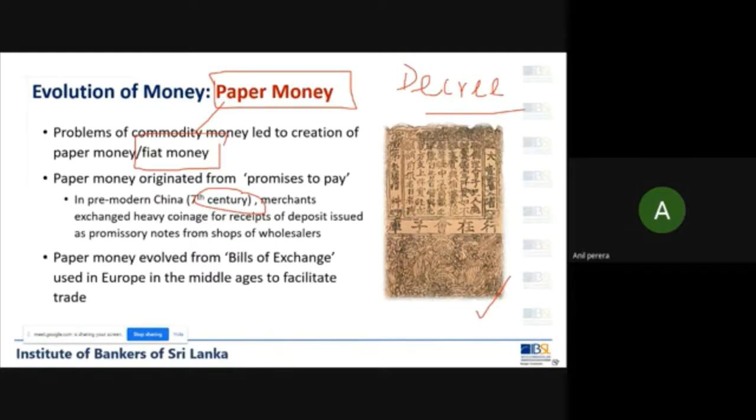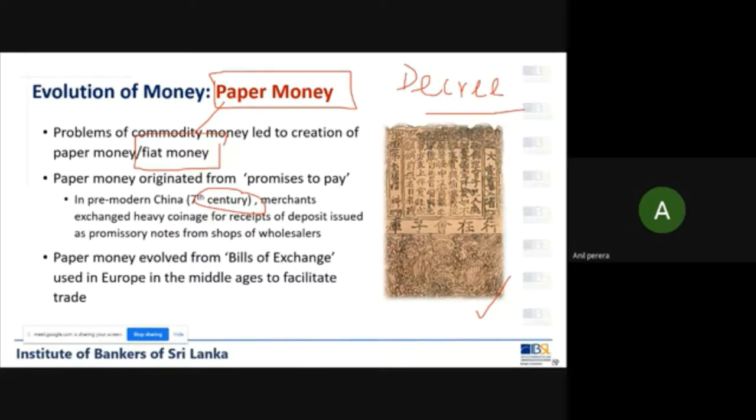Later, it became very popular, even though the Chinese people introduced this around the 7th century. Paper money became very popular around the 12th, 13th, 14th centuries, especially in the Middle Ages, around the 15th century in Europe.